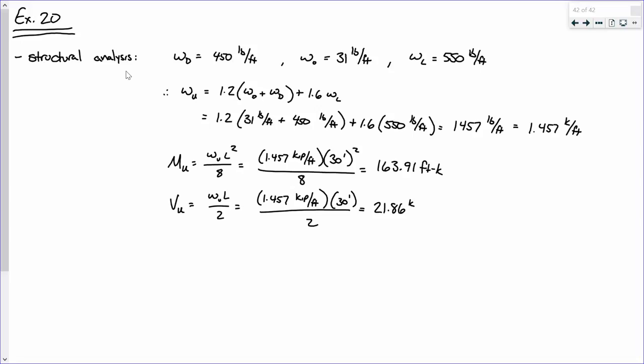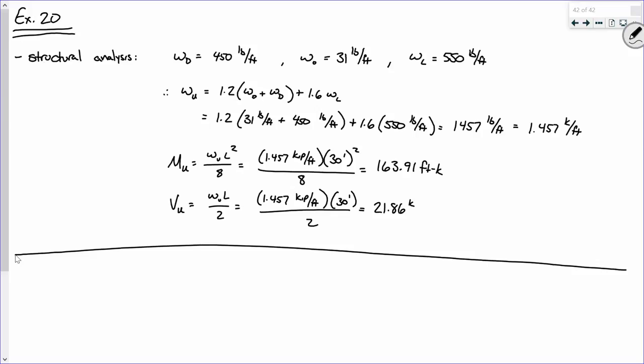Sound good? Now I want everybody to be clear on a couple things that you see in these tables so that you're aware where this stuff comes from. Okay, so let's look at the W16 by 31. First off, what is the Zx for a W16 by 31? Now you can look that up either in table 1.1 or in the Zx charts.